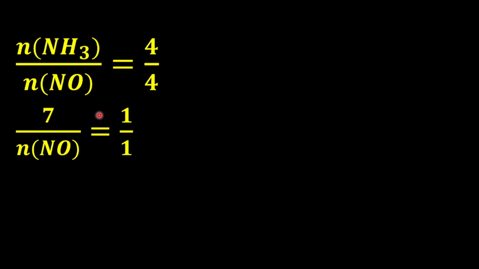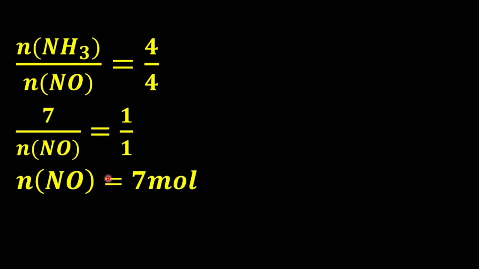So we have N of ammonia over N of NO is equal to 4:4, that is 1:1. In the question, we're given the moles of ammonia to be 7. So 7 over N of NO is equal to 1/1, meaning that the number of moles of NO will be equal to 7. So we have determined that of ammonia.